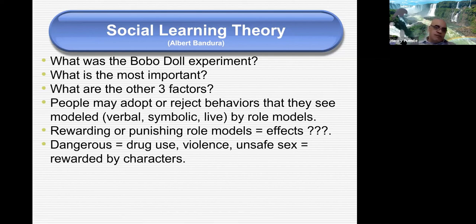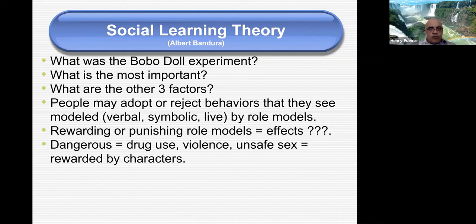They're the alpha, and everybody thinks they're awesome. And so if they're being rewarded for their behavior, and again, little kids are watching this, then this behavior is likely to be imitated.